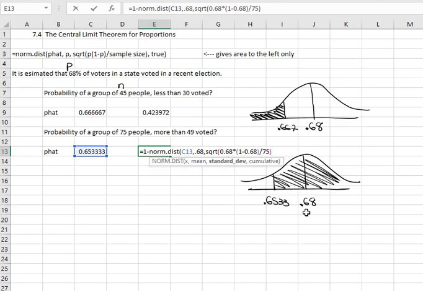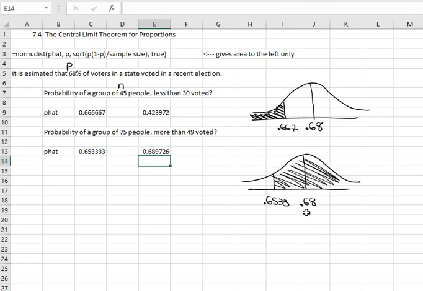I'll close the parentheses on the square root and finish with comma true. Close the parentheses and I find out that the area to the right, having more than 49 people voting, has a probability of 0.6897.